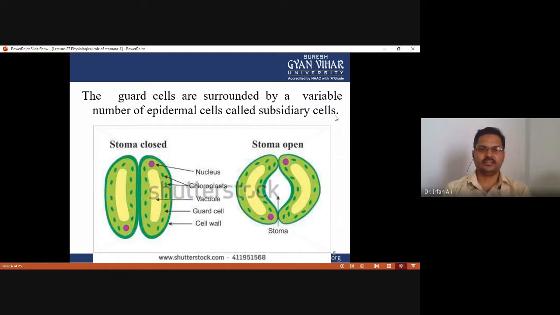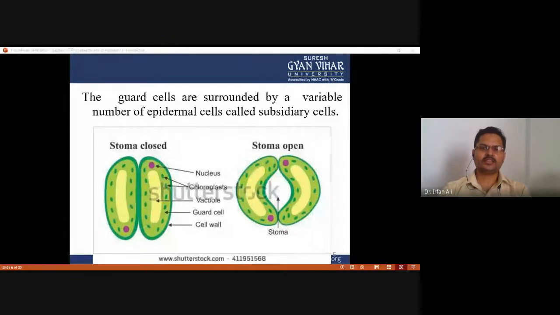In the first condition, the stomata are in the closed position, and in the second condition, the stomata are in the open position.